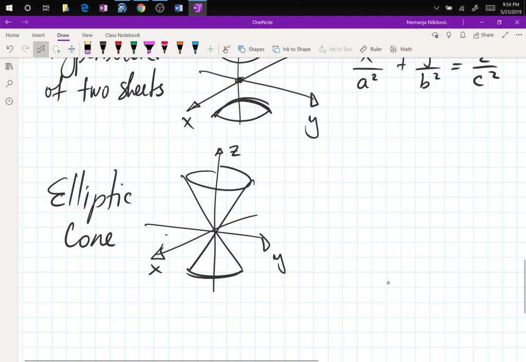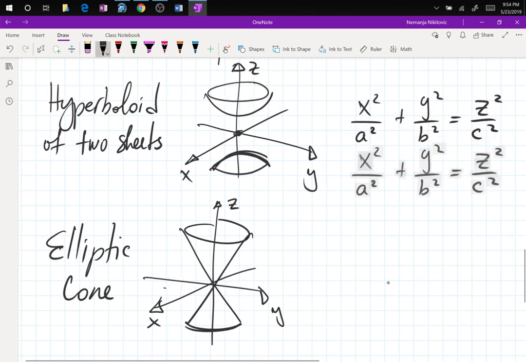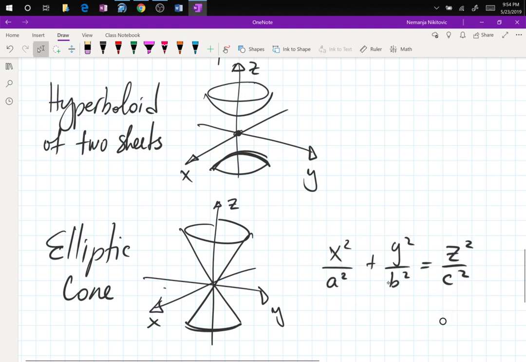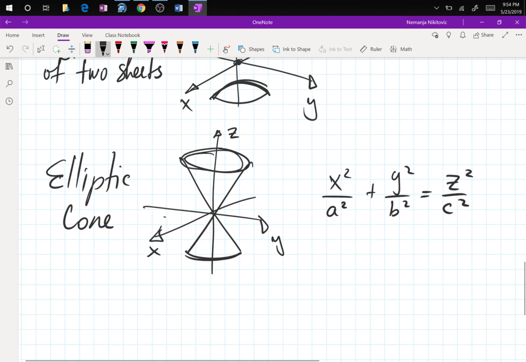Elliptic cone. Uh-oh. That's the elliptic cone equation. That's the elliptical equation, because when you cut with z equals, hold on, if z equals 0, then x and y must be 0.